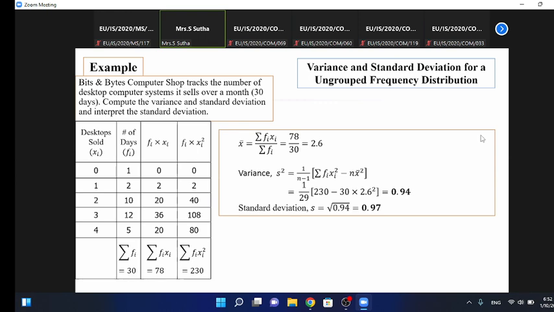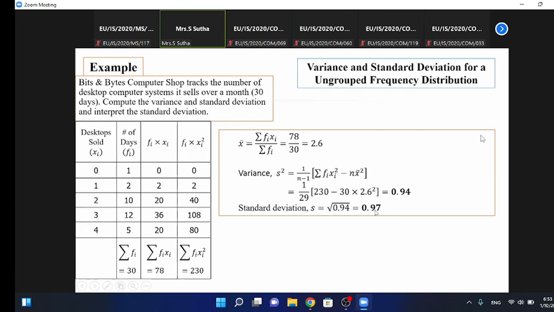So here, the number of computers sold, right? Here also we can say that the number of computers sold is clustered around the mean by 0.97.